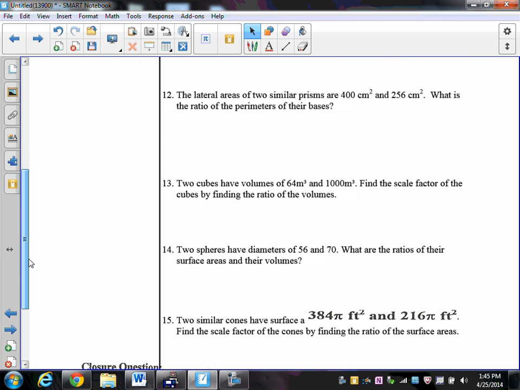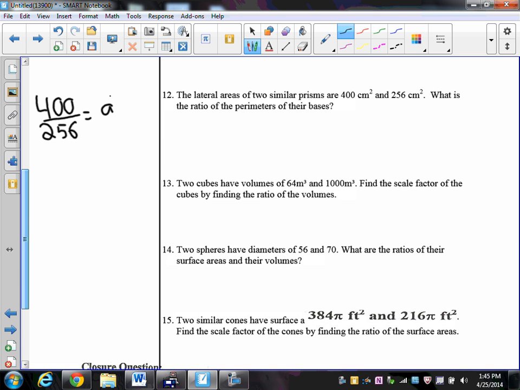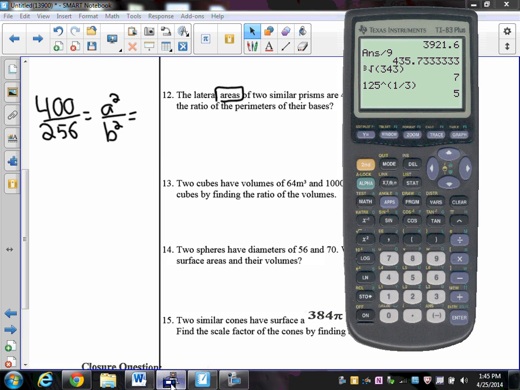Number 12 talks about the lateral areas of two similar prisms, 400 and 256. So I have 400 over 256 is equal to A squared over B squared. That's because we have areas. Areas are square over square. So I need to take the square root of both of these numbers.